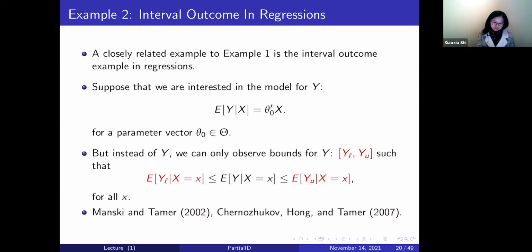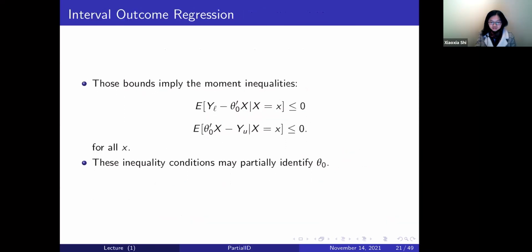Then we are not able to use this moment equality condition, because y is not observed. But if we replace y by YL and YU, we'll obtain a bunch of moment inequality constraints. These moment inequality constraints could partially identify the model, and we can take them to the data to do inference about the theta parameter.